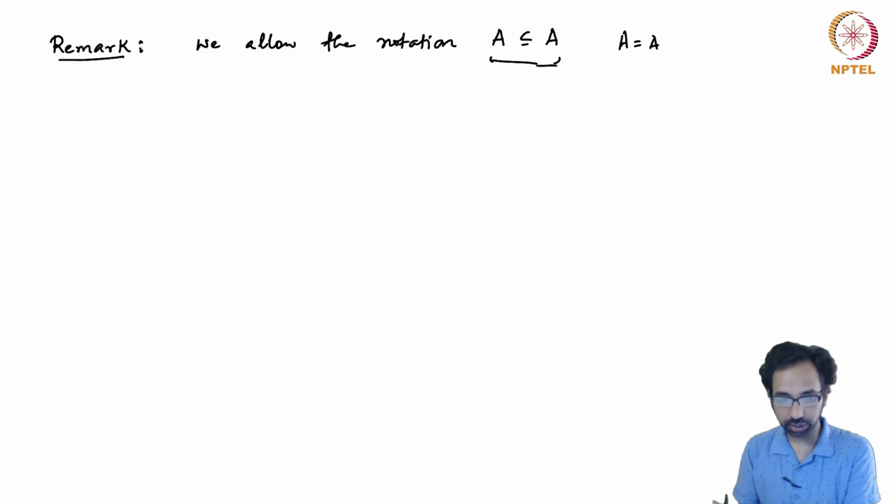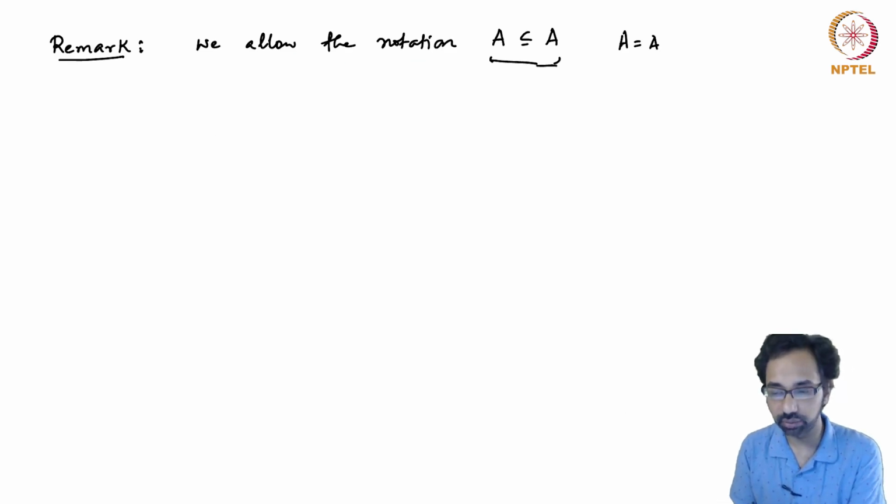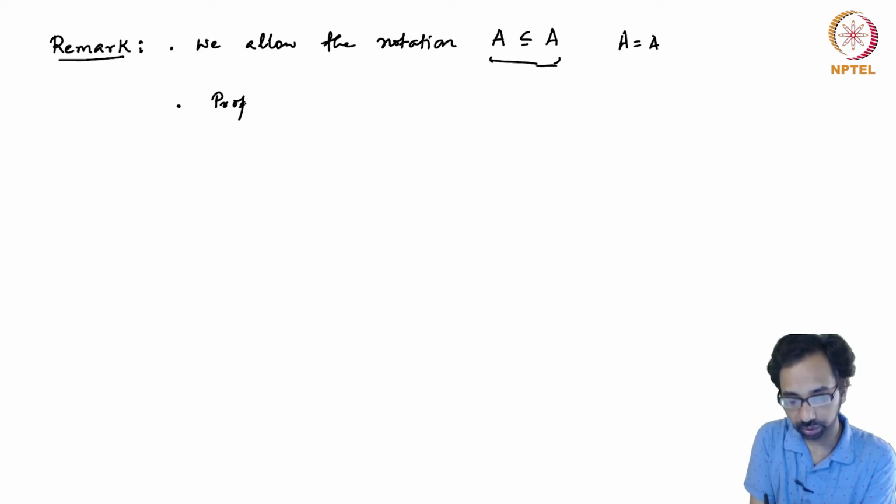If we want to distinguish it, we use what's called a proper subset. What do I mean by a proper subset?